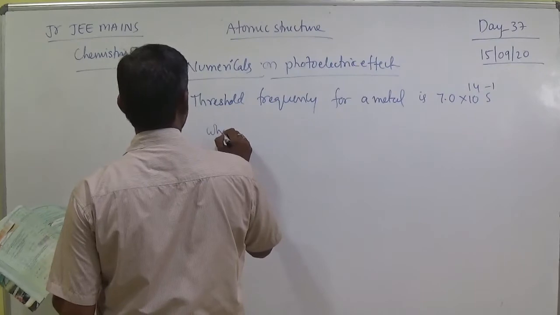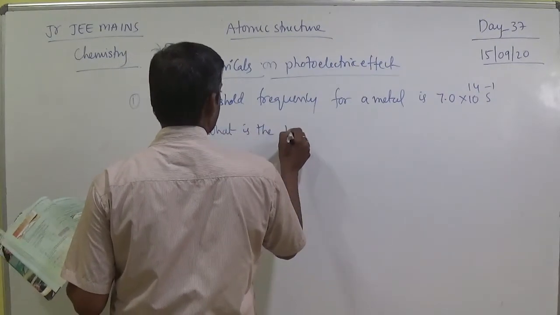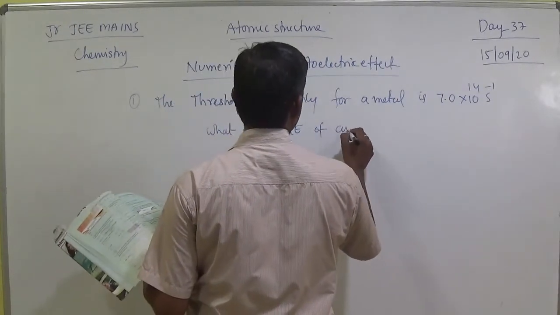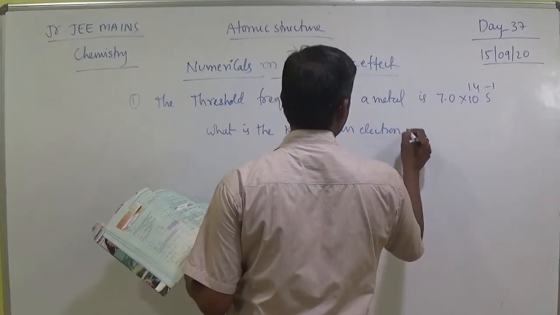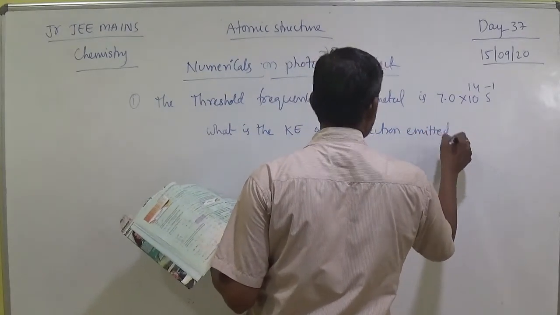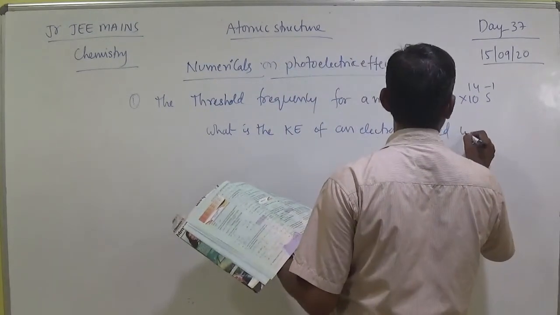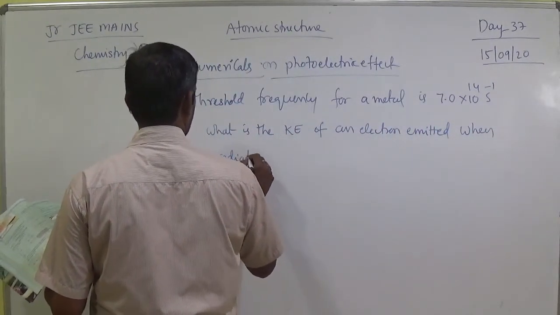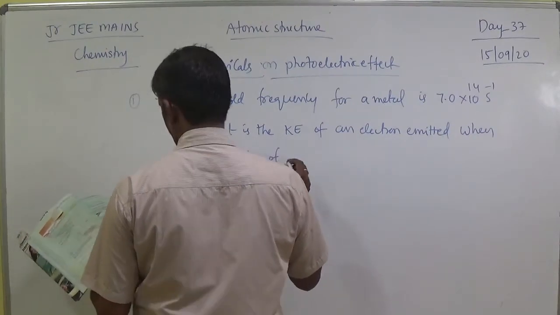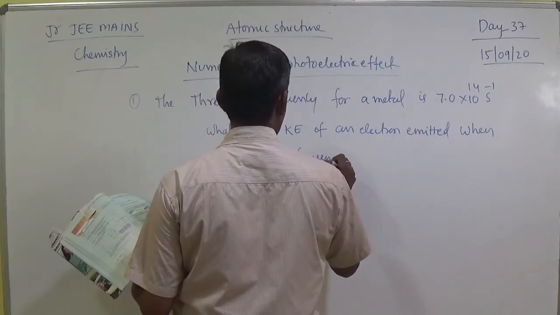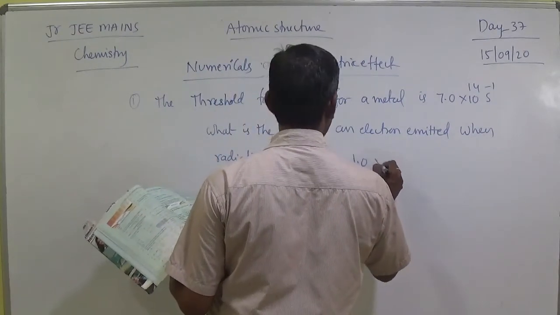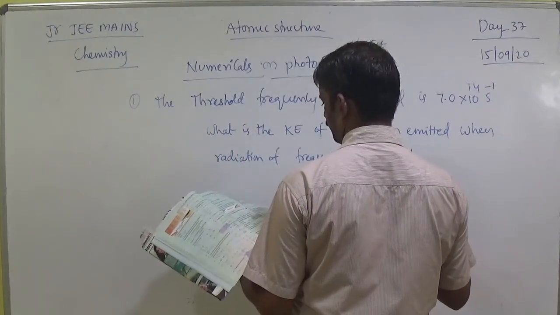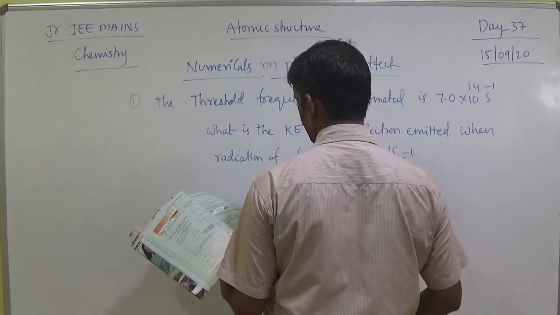What is the kinetic energy of an electron emitted when radiation of frequency 1 × 10^15 s⁻¹ hits the metal?